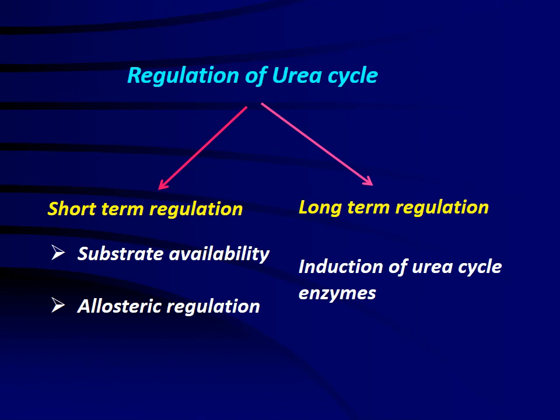Regulation of the urea cycle. The urea cycle is regulated by short-term regulation and long-term regulation. Short-term regulations are substrate availability and allosteric regulation. Long-term regulation is induction of urea cycle enzymes.